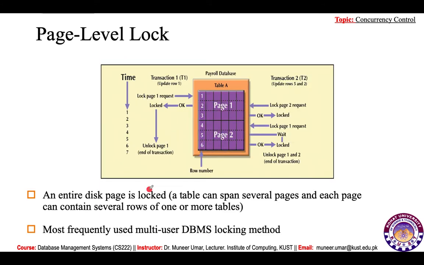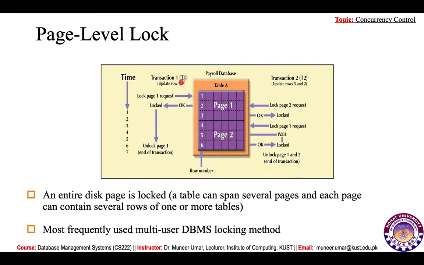Then we have page level lock. An entire disk page is locked. A table can span several pages, and each page can contain several rows of one or more tables. Here we have a single table, it has two pages.